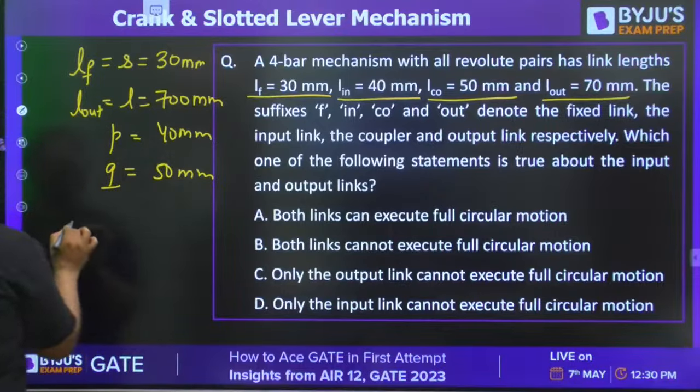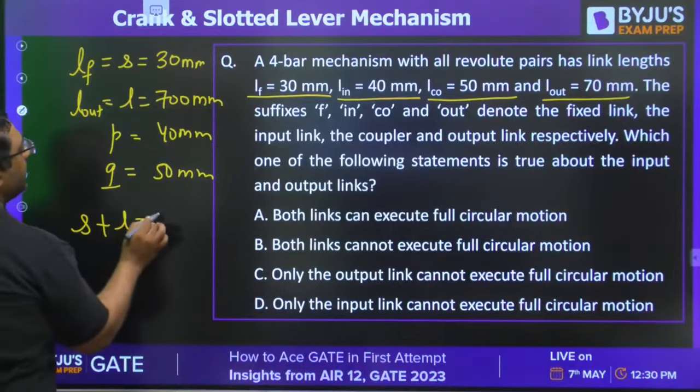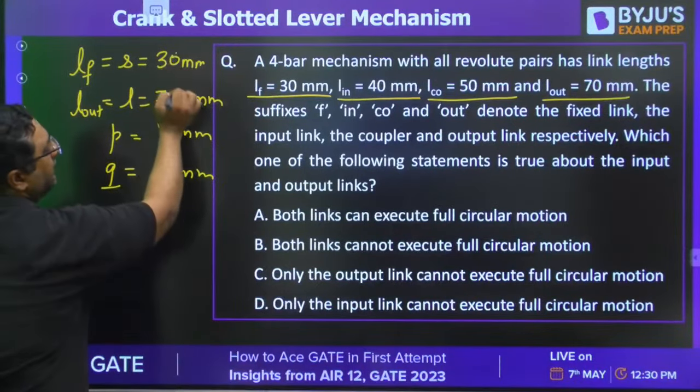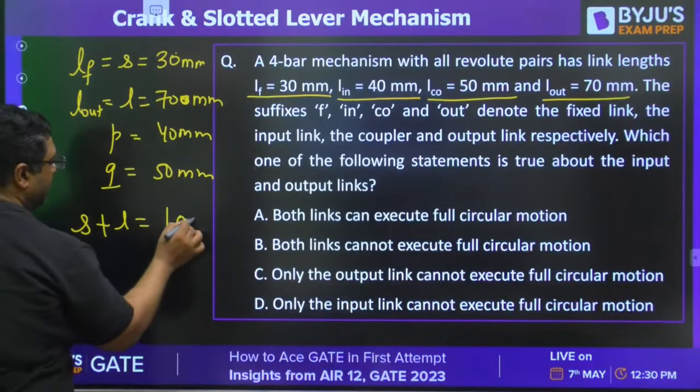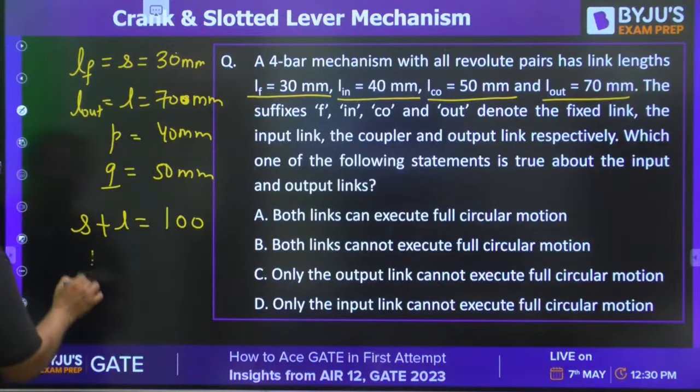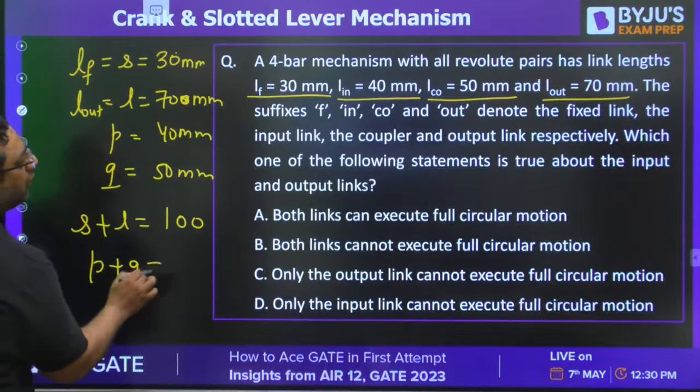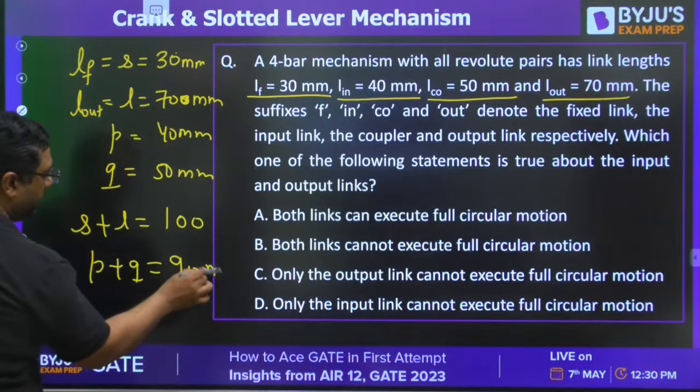You can write S plus L, this is 30 and 70, which is 100. And if you see P plus Q, it is going to be 90 mm.